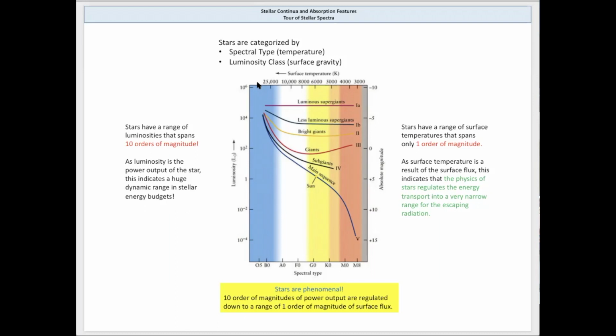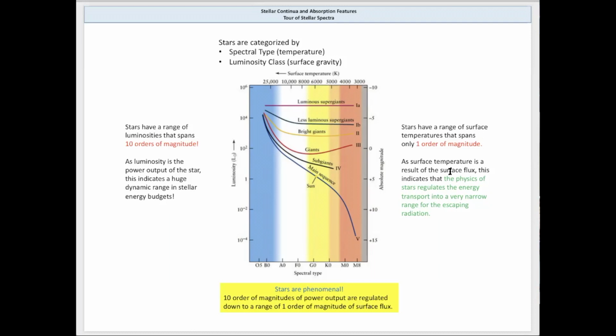So I kind of wrote this down. The temperature is a result of the surface flux. It's really the other way around. Well, I guess it's true. The temperature is a result of the surface flux. So the surface flux can be much higher in a high mass star, which has a high luminosity.